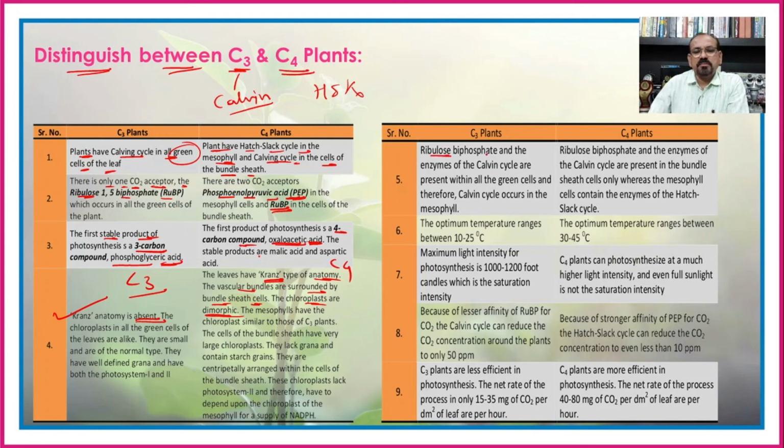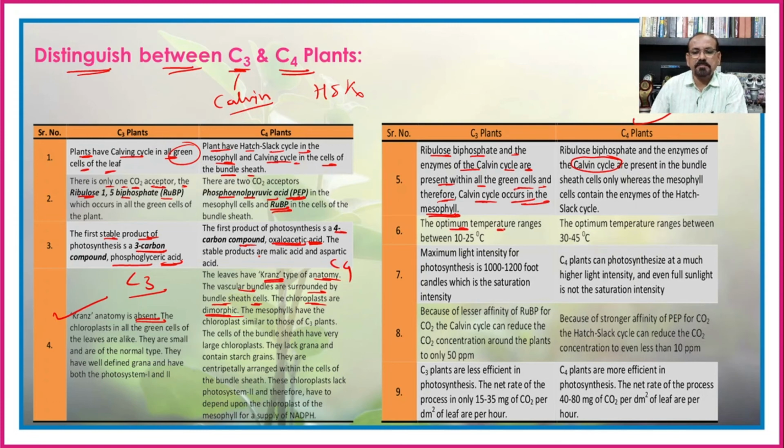Then the ribulose bisphosphate and the enzymes of the Calvin cycle are present within all green cells, and therefore the Calvin cycle occurs in the mesophyll. But if we compare to the C4 plants, here the Calvin cycle occurs in the bundle sheath cell, and hence it is different from that of the C3 plants.